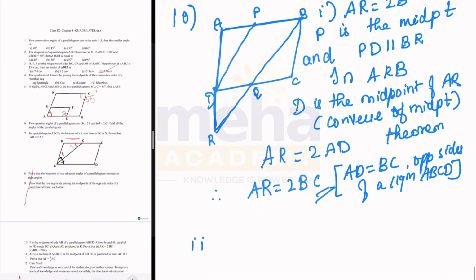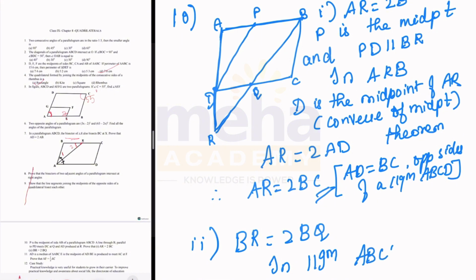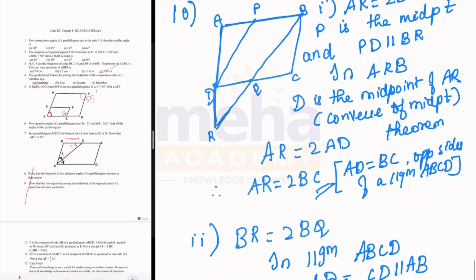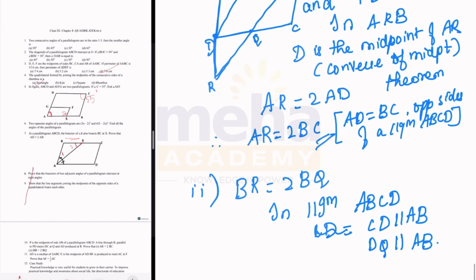For the second part, we have to prove that BR is equal to 2BQ. In parallelogram ABCD, we know that CD is equal to AB and CD is parallel to AB. Since CD is parallel to AB, DQ is also parallel to AB. Then take triangle RAB.